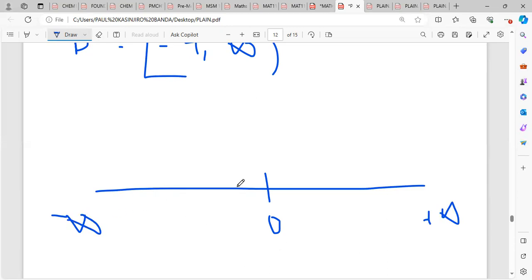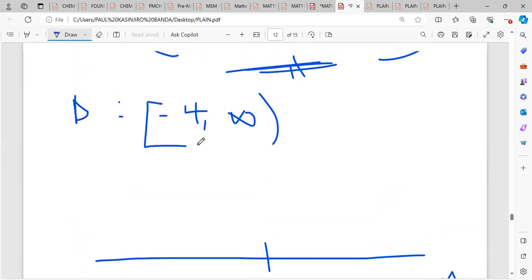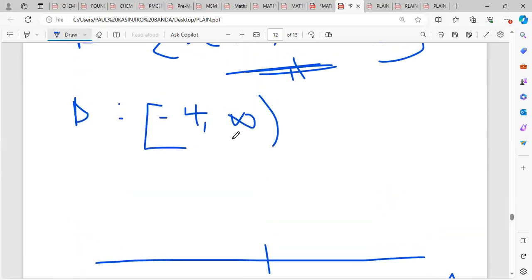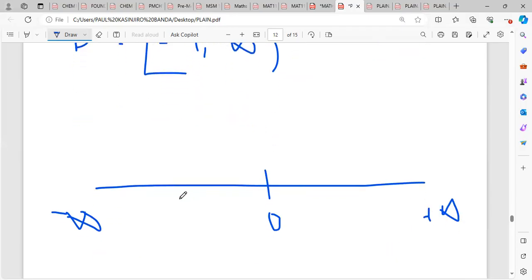The domain of the input function starts from minus 4 all the way to positive infinity. So I put a minus 4 there and shade it, because it's part of the domain, all the way up to positive infinity. This is the domain for the input function.